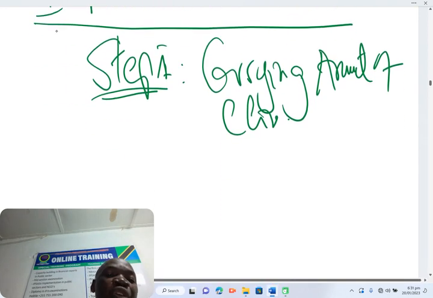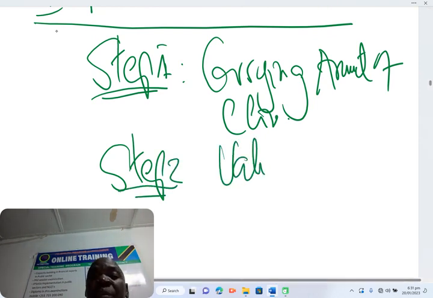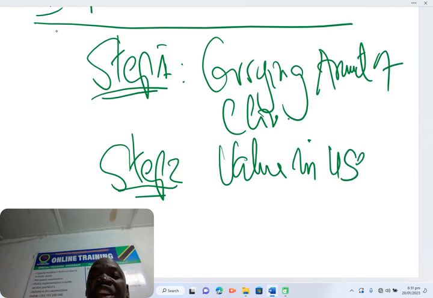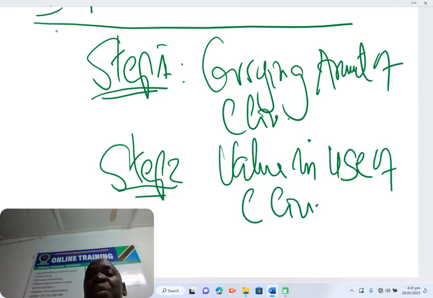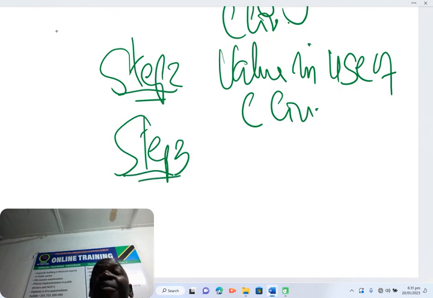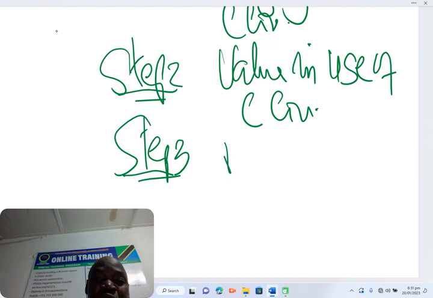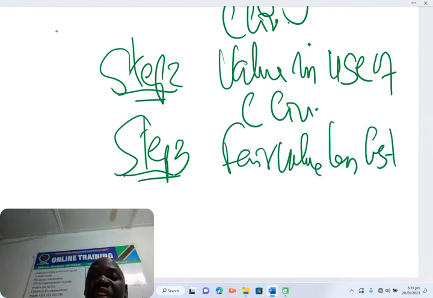Step number two, you must assess the value in use of the CGU. Step three, you must assess the fair value less cost to sell. If you want to sell the CGU somewhere, how much it could fetch in its condition. So, fair value less cost to sell.